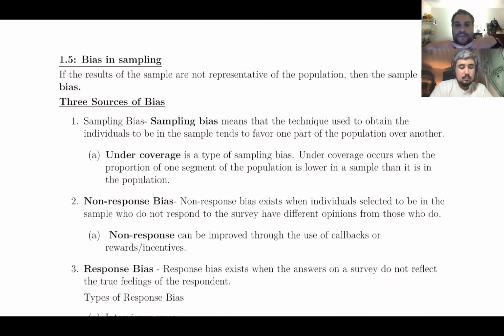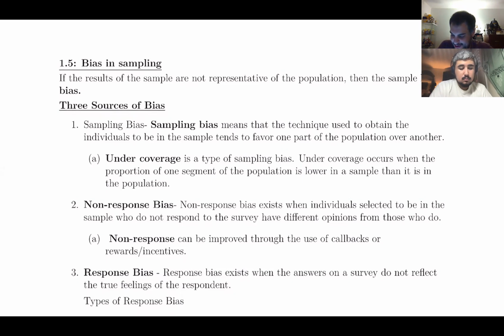A sampling bias goes back to a representative sample. If you remember, a representative sample means that each individual or each group is equally represented in the sample. So when we talk about sampling bias, one of the biases that we can have is called undercoverage. Undercoverage just means not everybody in the population is getting represented.